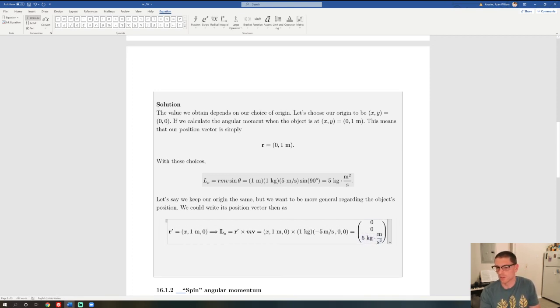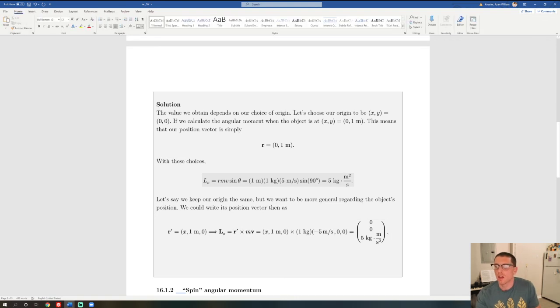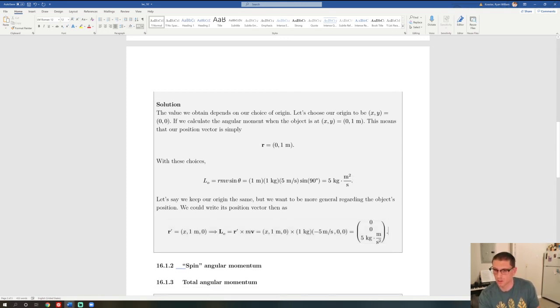And so that's the same thing. We basically used the magnitudes to calculate this, then used our intuition for the cross product to talk about its direction. And here we calculated it directly using the cross product, and we find the same thing, which is good.